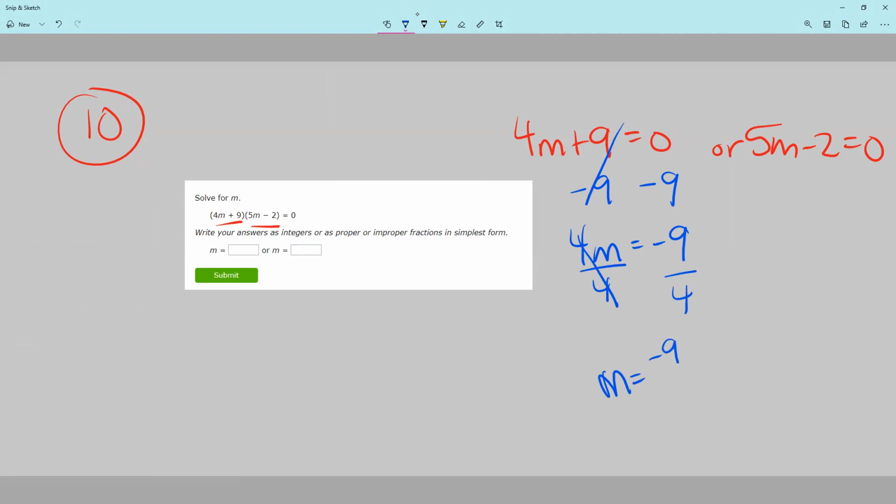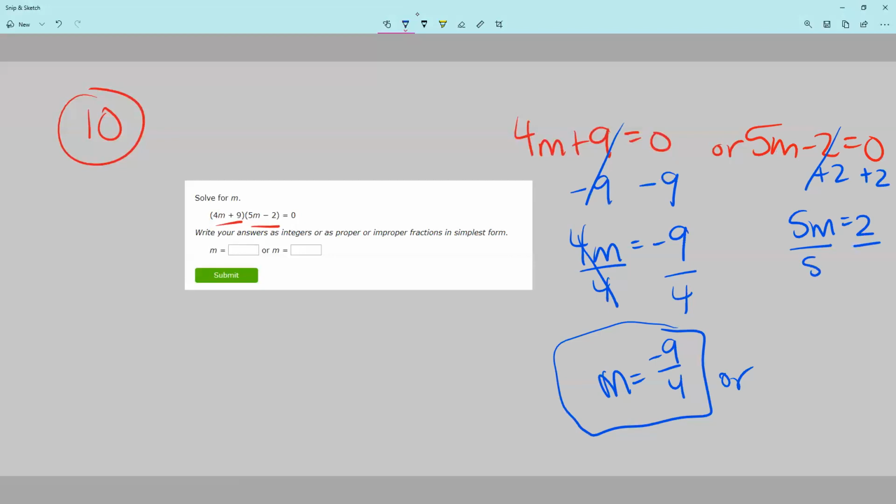So m is -9/4. So that's one possibility. Or m could also equal 2/5. So -9/4 or 2/5.